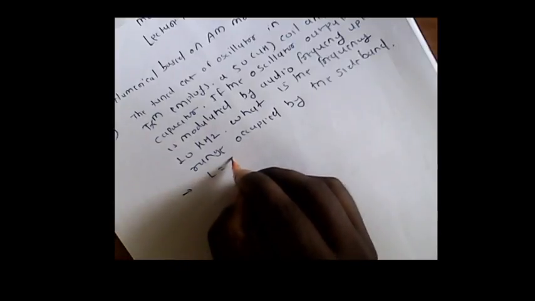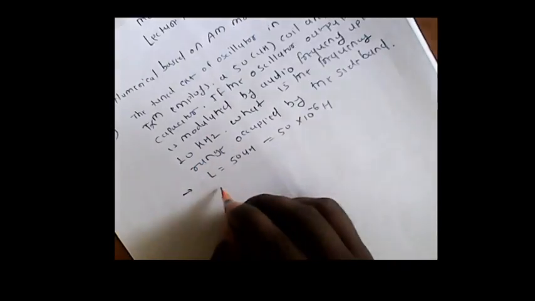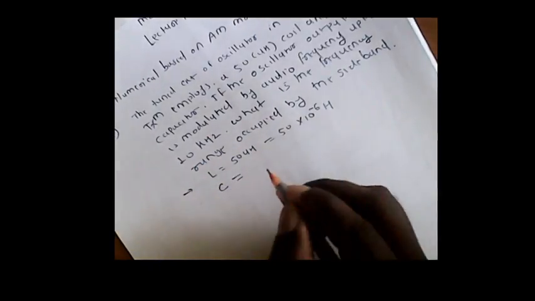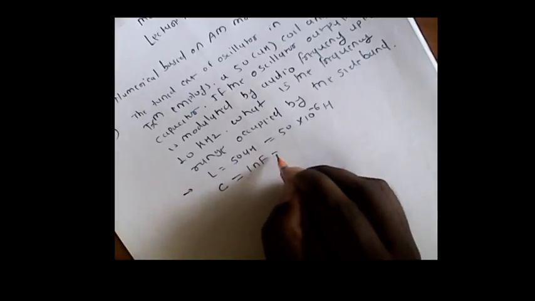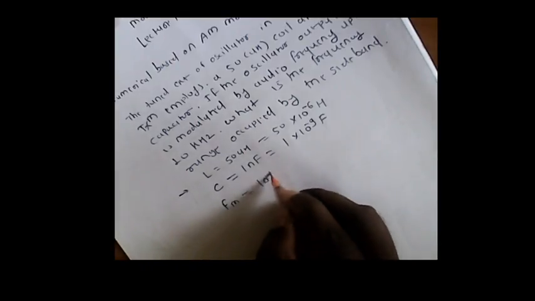Value of L is 50 microhenry, so 50 into 10⁻⁶ henry. Capacitor is 1 nanofarad, so 1×10⁻⁹ farad. Also given is the modulating audio frequency up to 10 kilohertz. We can find out the range of sidebands.